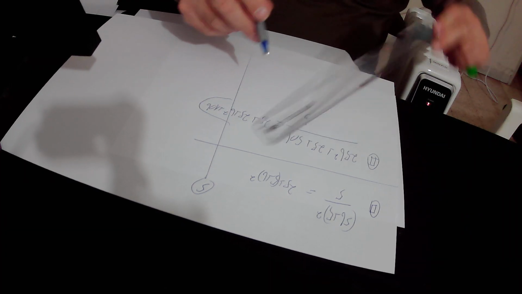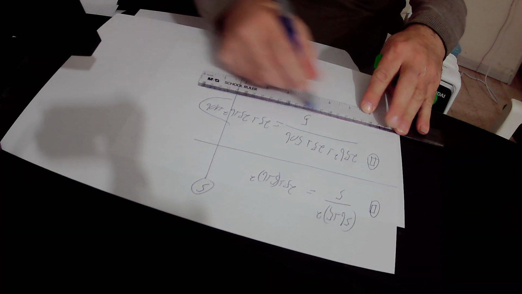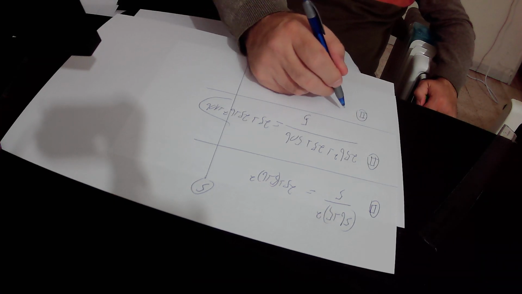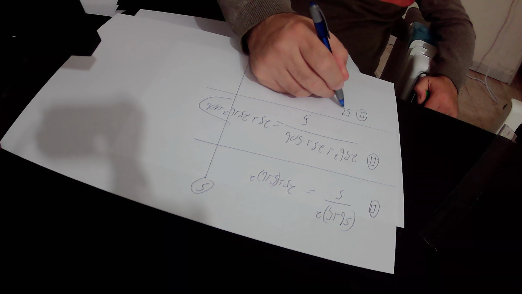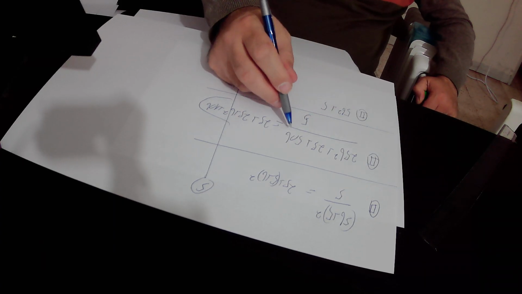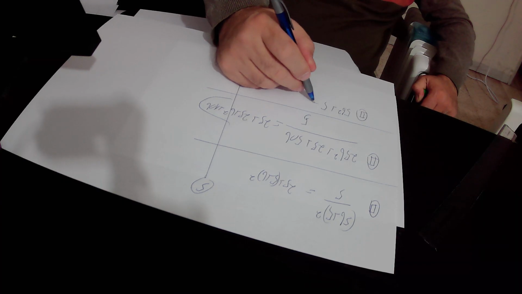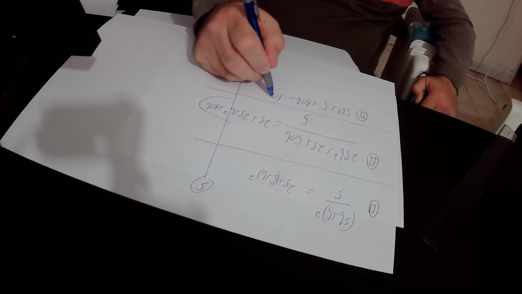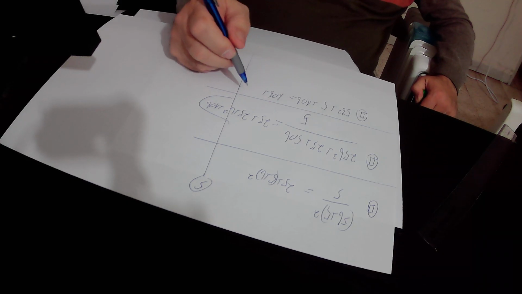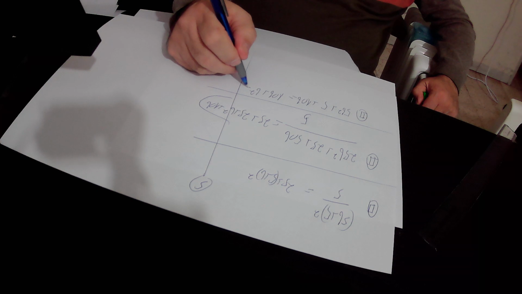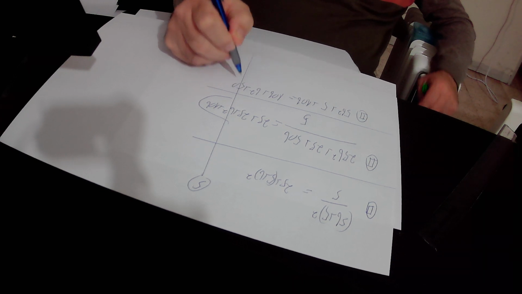So on this side of the equation we have 25b squared over 5 is 5b squared, plus 25 over 5 is 5, and 50b over 5 is 10b. On the other side of the equation we have 10b plus b squared, and 25 plus 25 is 50, so it is plus 50.